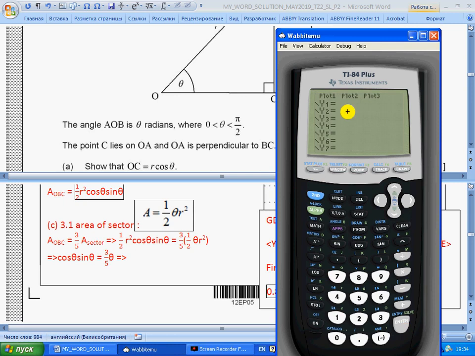If you have some functions here, you can clear them by pressing clear, so you will have no functions. Now we have cosine theta, so cosine x, bracket closed, sine x, bracket closed.